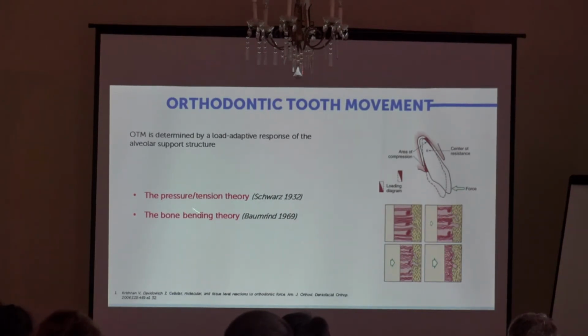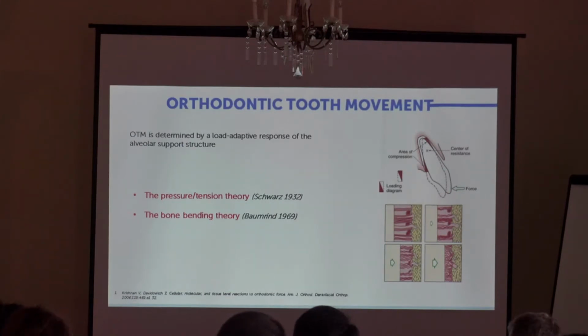And this is simply describing what we see clinically. Because I know that if I apply a horizontal force to an incisor in this direction, what I will see over the months is that the tooth is moving in this direction.